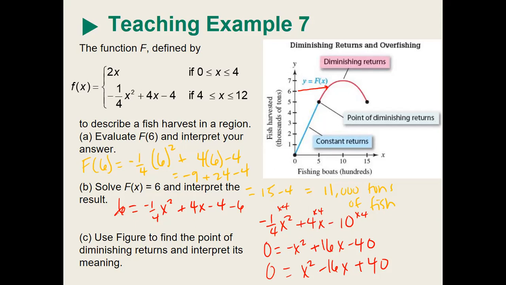Let's see. What are our numbers for 40? We have 1 and 40. We have 2 and 20. 3 doesn't work. We have 4 and 10. We have 5 and 8. That's it. So we couldn't do it quickly. That means that it leads to the unfortunate quadratic formula, and I am not about to do it. But that's how you solve it.